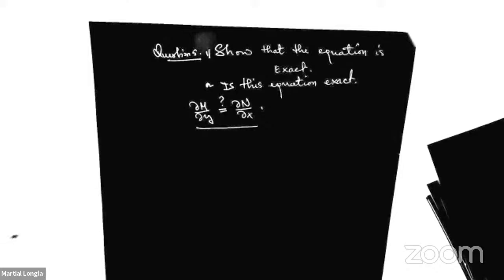Find the derivative of M with respect to y. Find the derivative of N with respect to x. If they are equal, then the equation is exact. If they are not equal, then the equation is not exact.